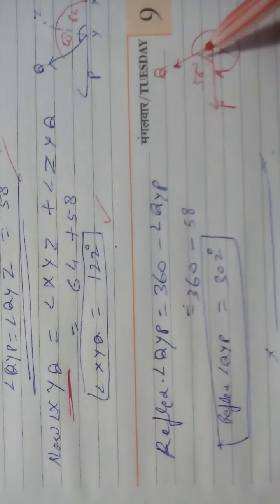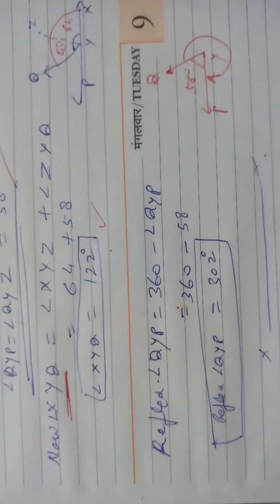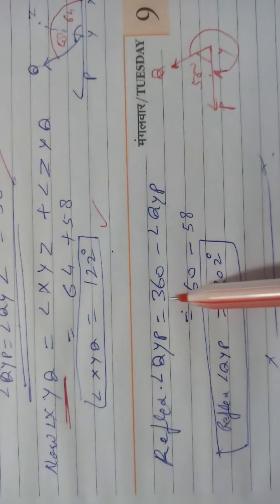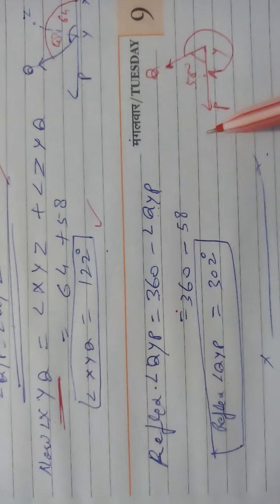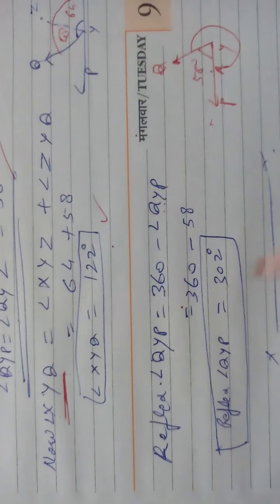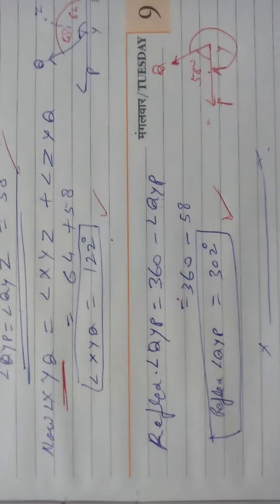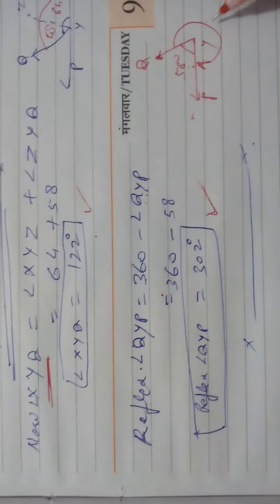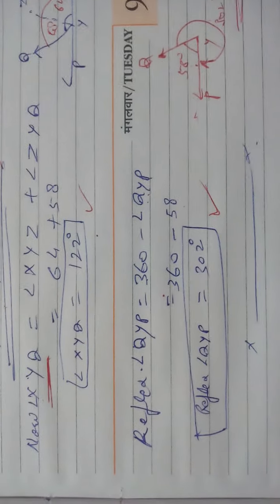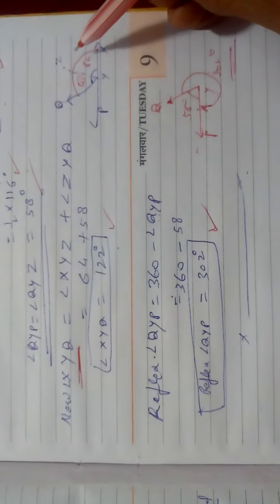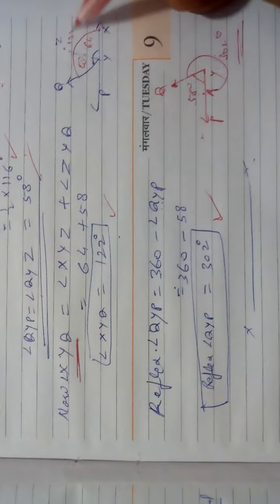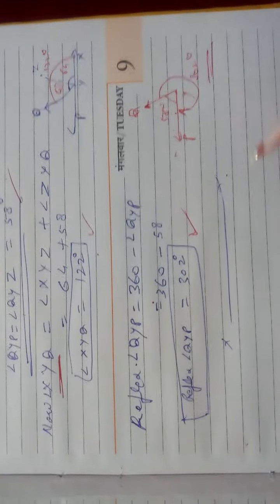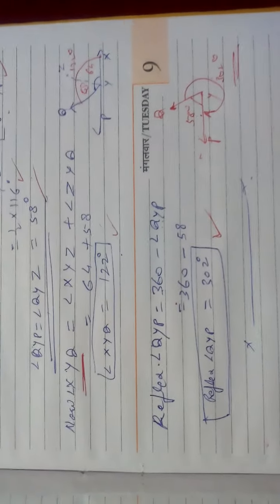Reflex means the rest part of the given angle, meaning 360 minus QYP. QYP is 58, you are getting 302 degrees. So it is 302 degrees, this outer angle. And the other is 122 degrees, the full angle. So these two angles, without a figure, were given. That's all for today, and the next lecture will give the rest.